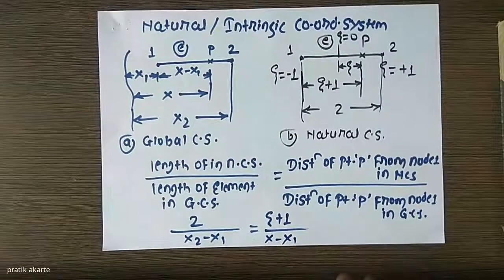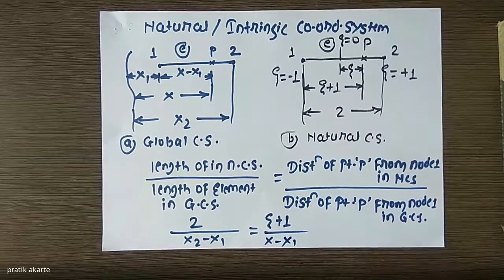Okay, so we formulated this. What we have done so far is we have considered one element having two nodes, and we have considered one intermediate point.